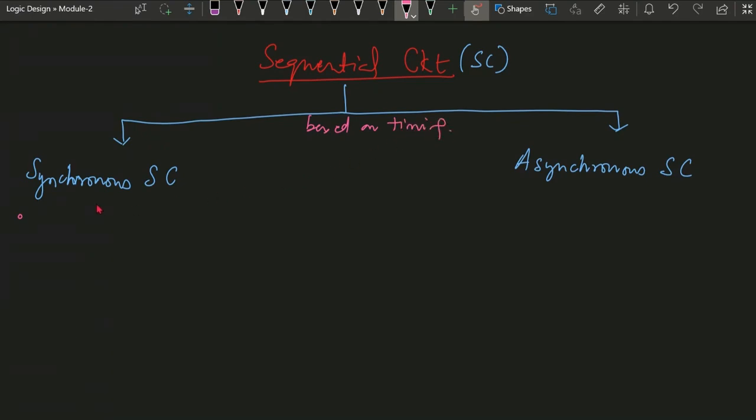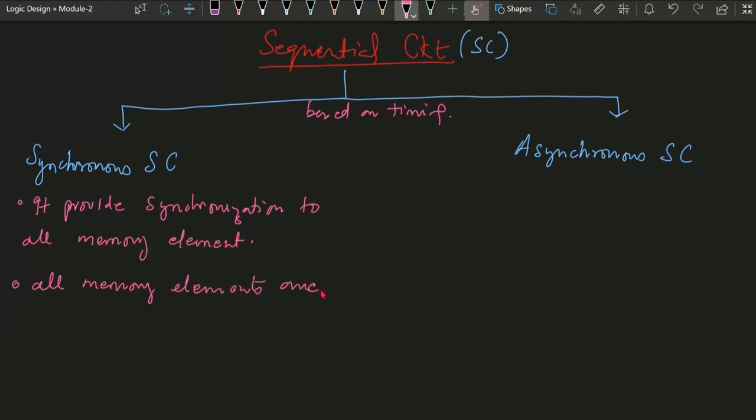If it is a synchronous sequential circuit, all the memory elements used in it will be activated at the same time. All the memory components will be synchronized with each other. So we can say that synchronous circuits provide synchronization to all memory elements.